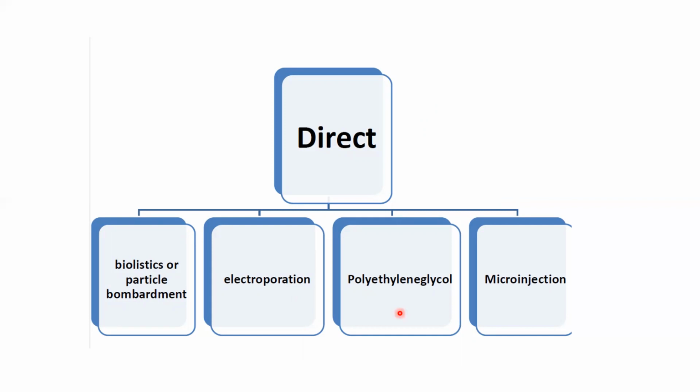protoplast culture. Protoplast culture is when you get rid of the, what is a protoplast? A protoplast is a plant cell without cell wall. So if you treat a cell wall with cellulase enzyme, it will dissolve the cell wall of the plant, and then you will have just a loose mass of the plant cell that is known as protoplast.